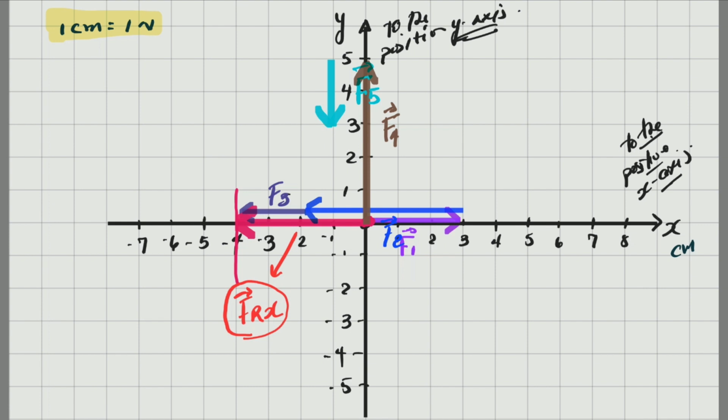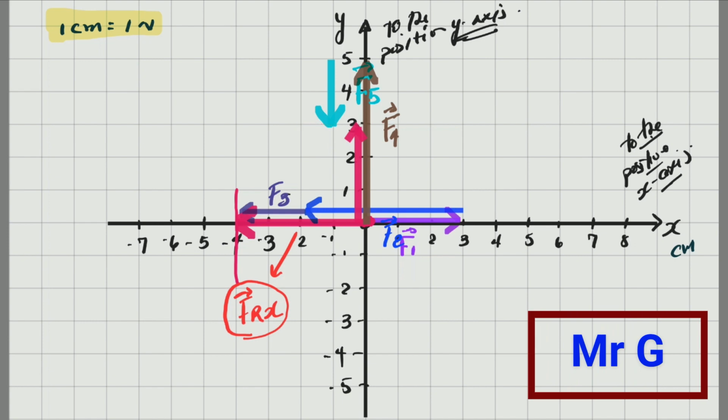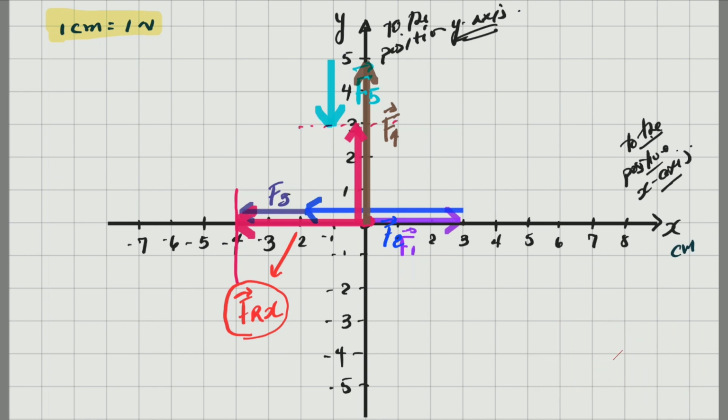And this will be like this. It's going from the tail of the first one to the head of the last one, and this vector will be the resultant vector in the y-axis. You can see there from the tail of the first one to the head of the last one.